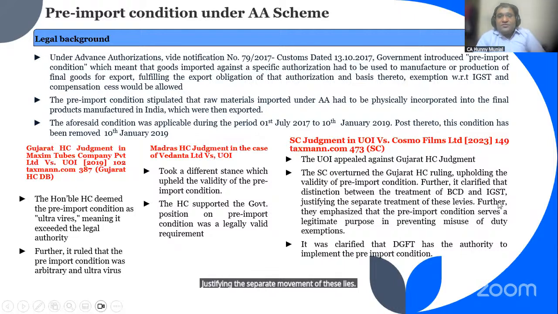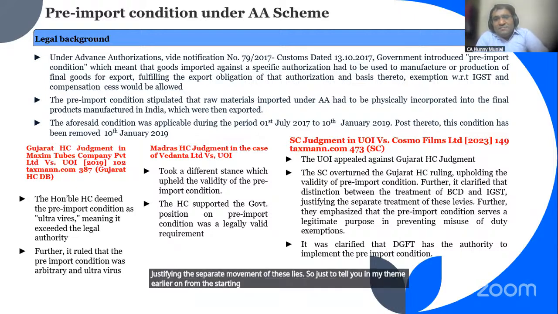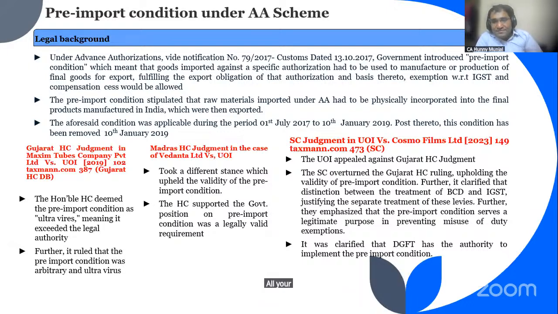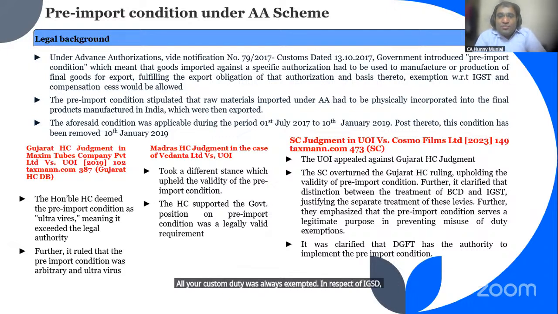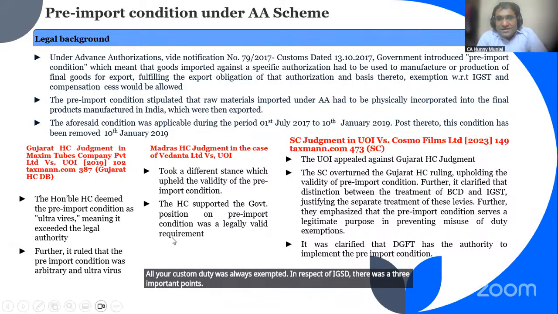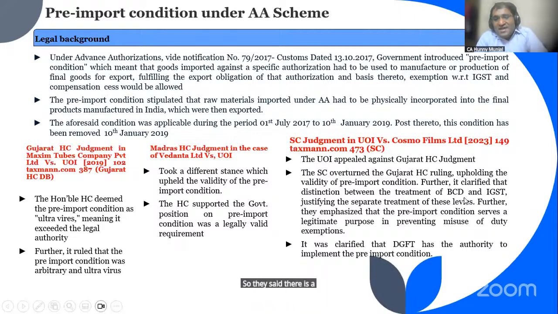So just to tell you, in my scheme earlier also, from the starting, the BCD was always exempted. All your custom duty was always exempted. In respect of IGST, there was a pre-import condition. So they said there is a distinction being made under the scheme with respect to treatment of BCD and IGST.